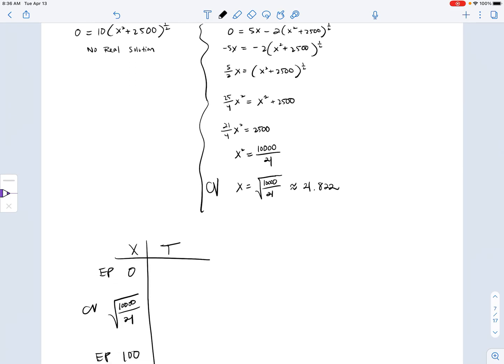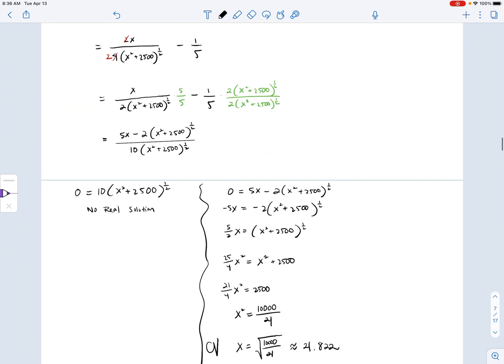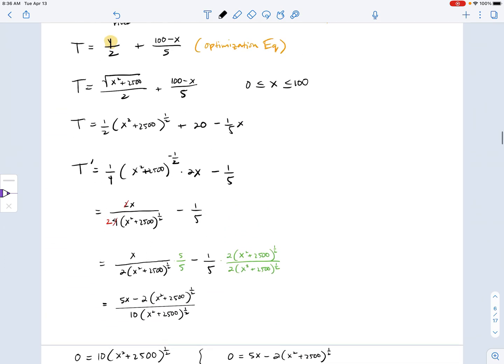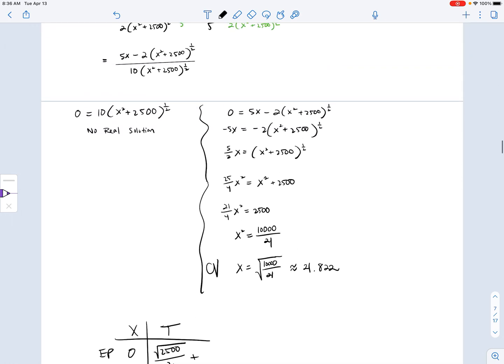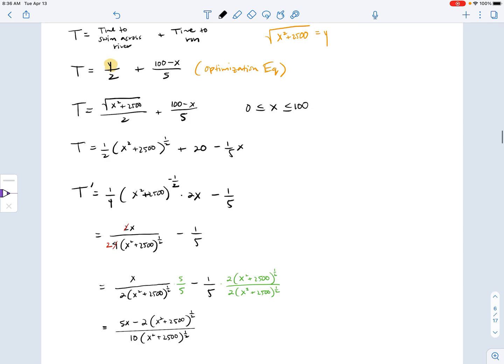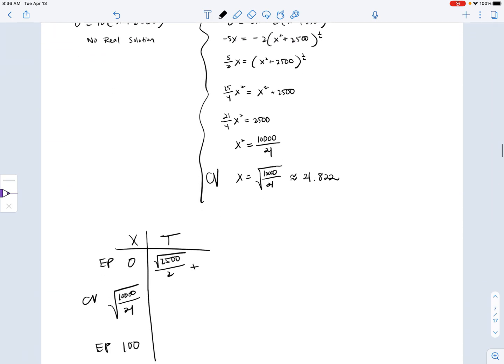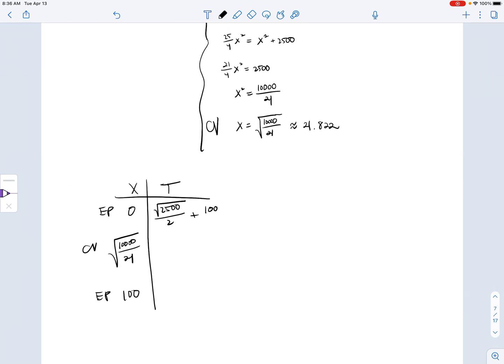So this first one, if x is equal to 0, would be the square root of 2,500 divided by 2 plus, if I plug in 0 for x, 100 over 5, which is actually 25 plus 20, or 45 seconds.